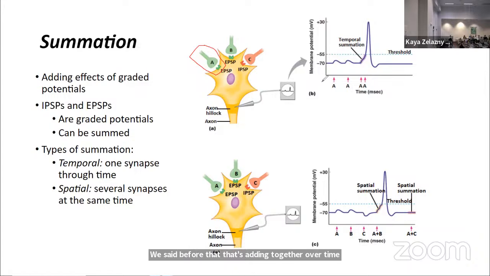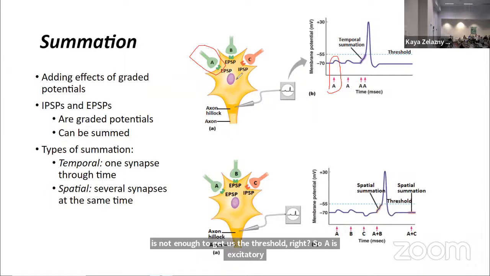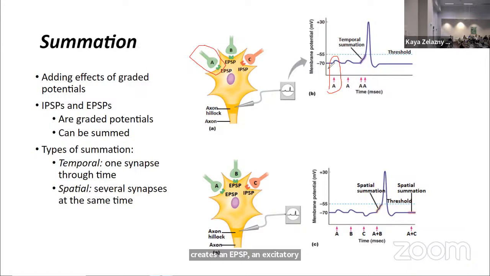So what we're talking about is the fact that if A fires just once, it is not enough to get us to threshold, right? So A is excitatory, creates an EPSP, an excitatory postsynaptic potential, but it's not one that's big enough to get us to threshold, okay? So when it fires individually, it's firing slowly over time with enough time to get back to the resting membrane potential in between. Nothing's going to happen for this cell.